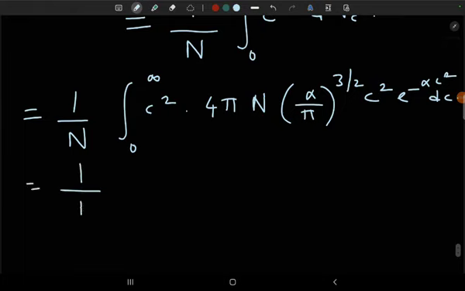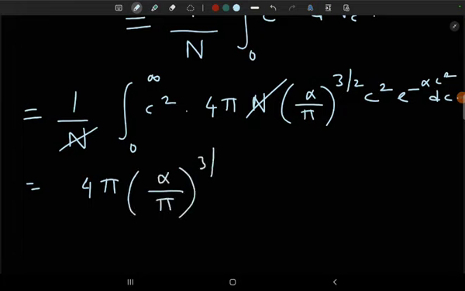And 1 by n and n cancel out, and we had 4 pi alpha by pi whole to the power 3 by 2, integral from 0 to infinity of c to the power 4 e to the power minus alpha c squared dc.